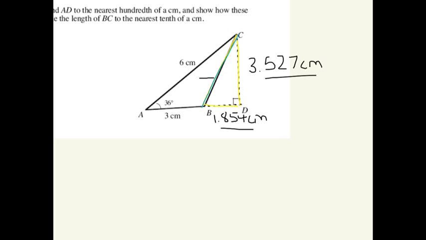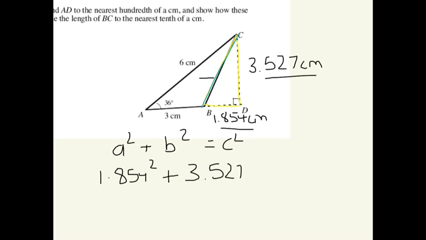Because we have those two sides, all we need to use is the Pythagorean theorem, which is, of course, a squared plus b squared is equal to c squared. So just replace those values. You've got 1.854 squared plus 3.527 squared is equal to c squared.